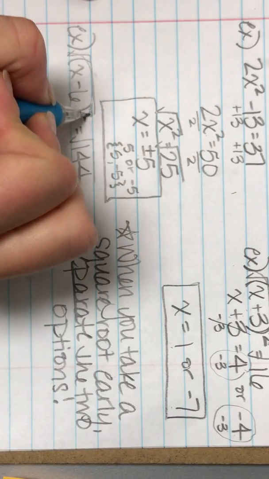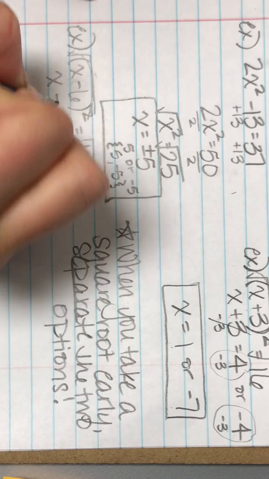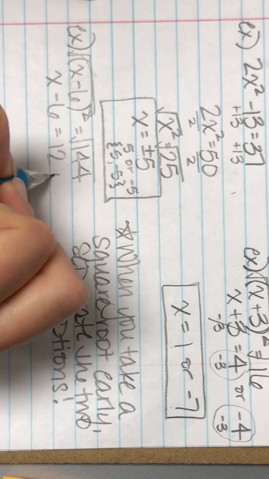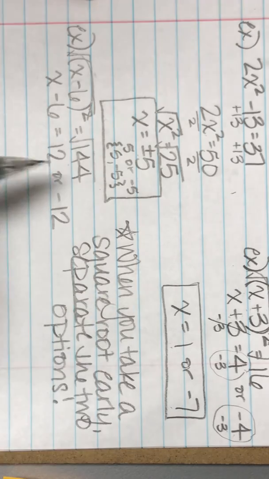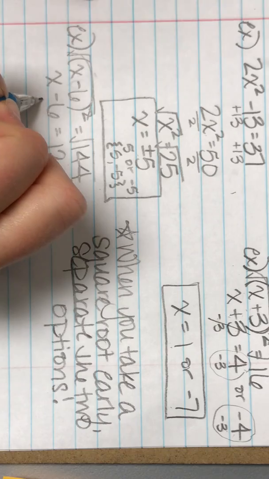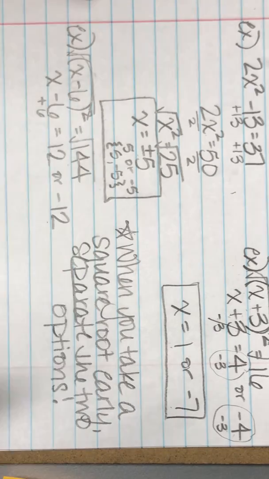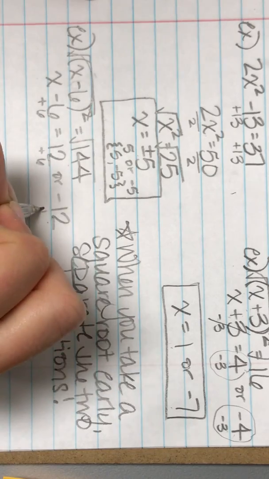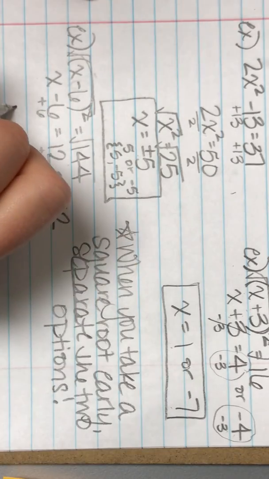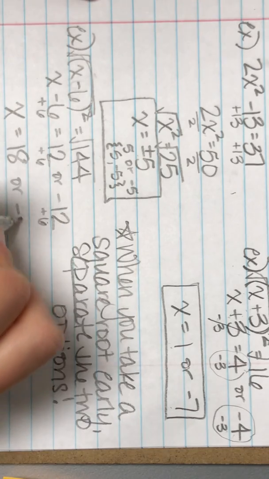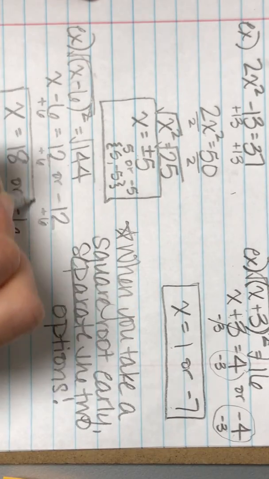The square root and the square cancel out, and I get x minus 6 equals 12 or negative 12. I'm going to separate them as 2 separate answers here, because now I still have to add 6. I still have to do the inverse of subtracting 6, and I've got to add 6 to both of my answer choices. So we actually end up with 18 or negative 6.